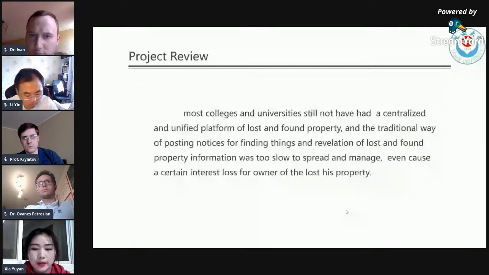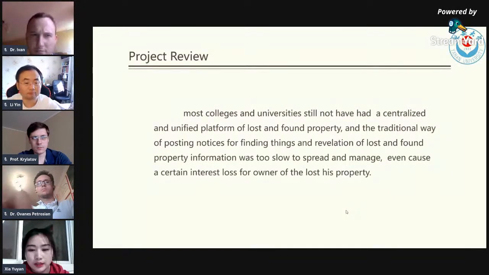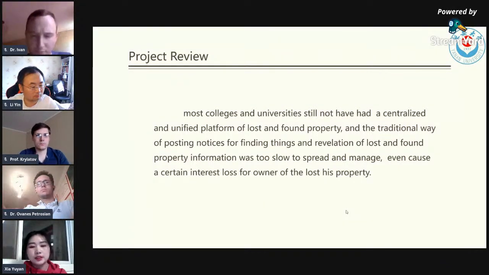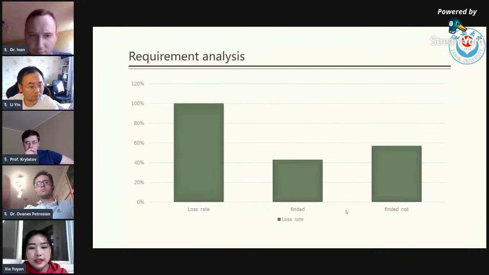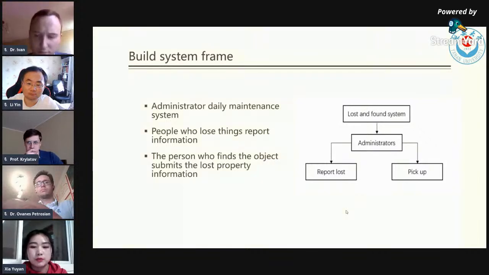In order to manage lost property and analyze its functional models, business scope, and data, the lost property management system in colleges and universities is designed after combining the actual needs of lost and found property management, which sets a foundation for the design and development of the lost and found property system in colleges and universities.